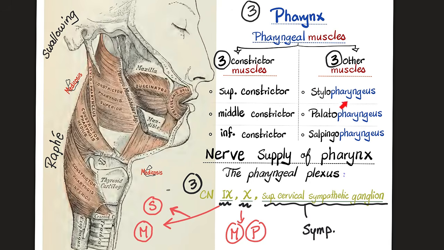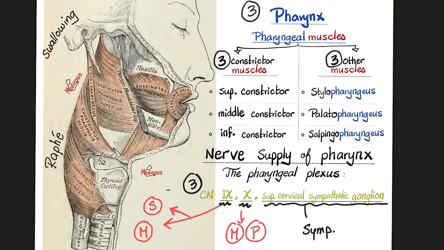Quick notes: the stylopharyngeus muscle is supplied by the glossopharyngeal nerve. As for the vagus, it will give us recurrent laryngeal nerve. The recurrent laryngeal nerve of the vagus supplies all of the muscles of the larynx, except cricothyroidus. The recurrent laryngeal nerve also supplies the inferior pharyngeal constrictor, because this is the constrictor that's closer to the larynx.